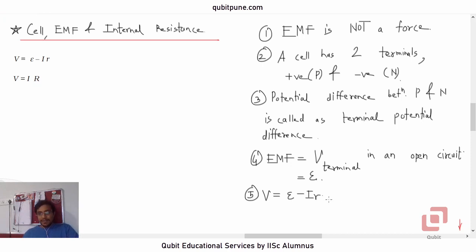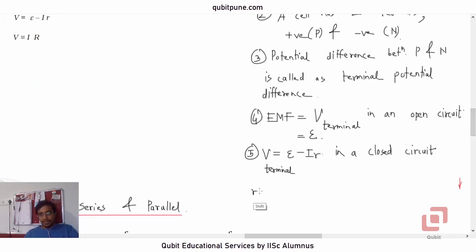And this is V terminal in a closed circuit. Closed circuit means the current cannot be zero. So that small r here is called the internal resistance of the cell, and you cannot avoid it.